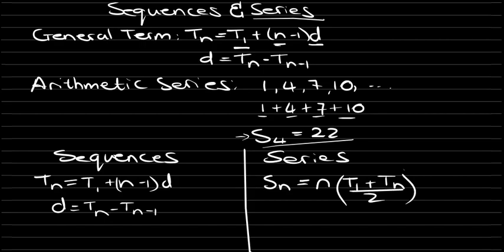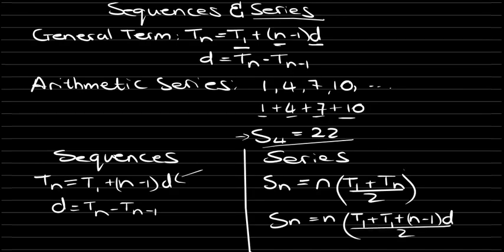Okay, so we know that the nth term looks something like this. So Sn then changes to look like this: T1 plus, we're just substituting Tn into this equation here, T1 plus n minus 1 times d, all of this over 2, and this all just simplifies to n times, I'm running out of space.